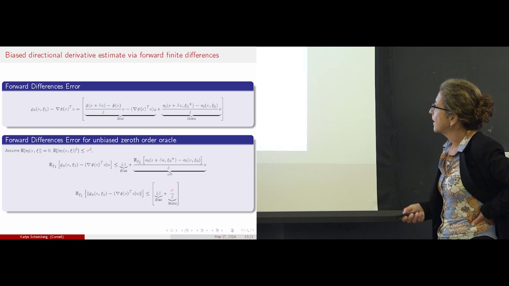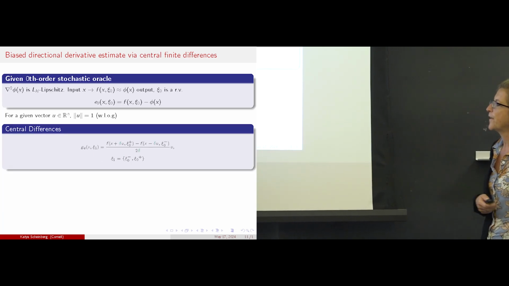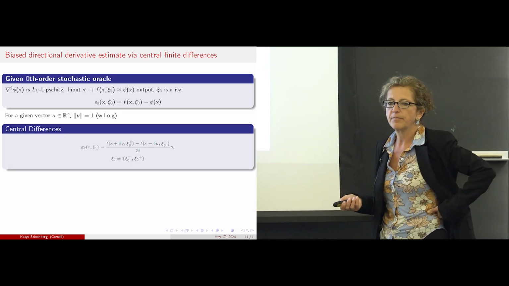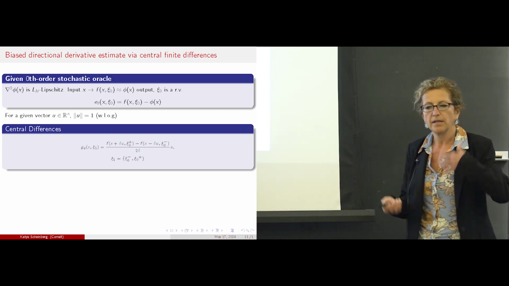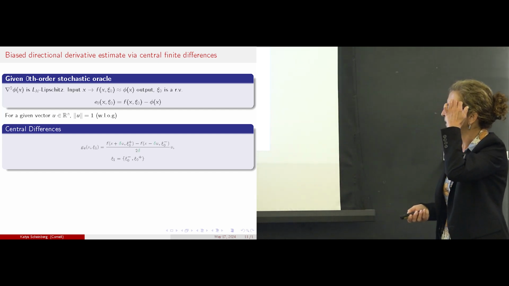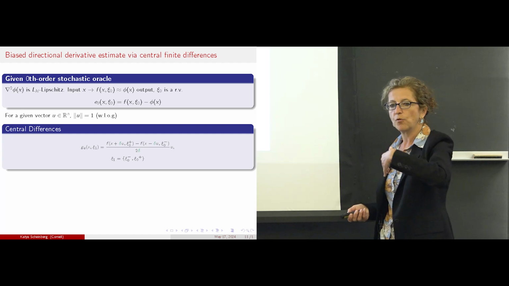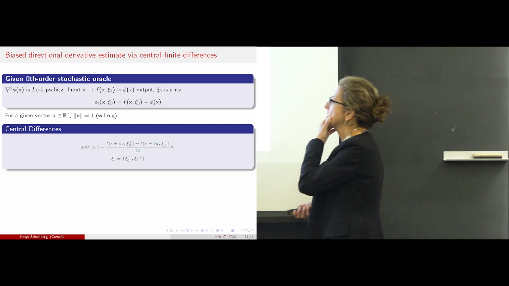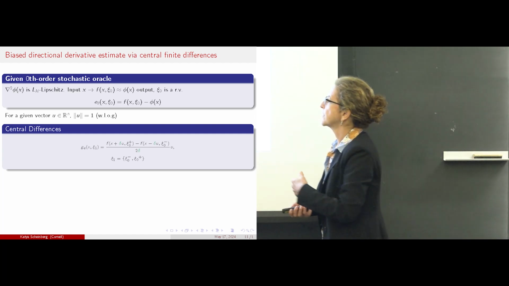Okay. All right, so this is central finite differences. It's basically a similar thing. It's just that it's more accurate. It has better behavior, so people tend to use it more, especially in simulation optimization. It's quite common, and you can derive all the same things for it.